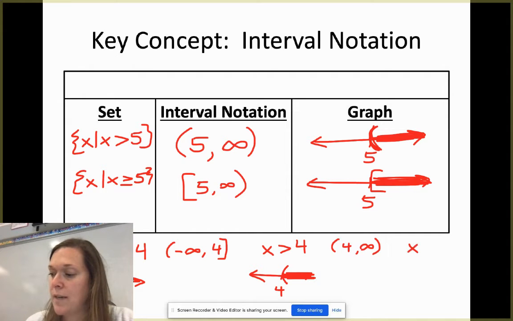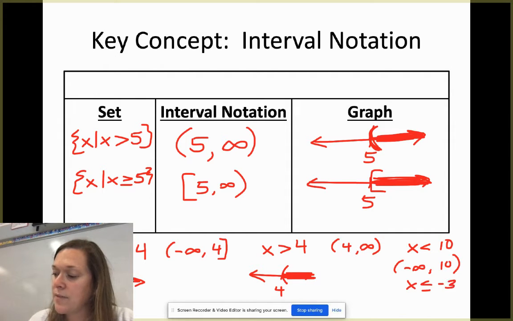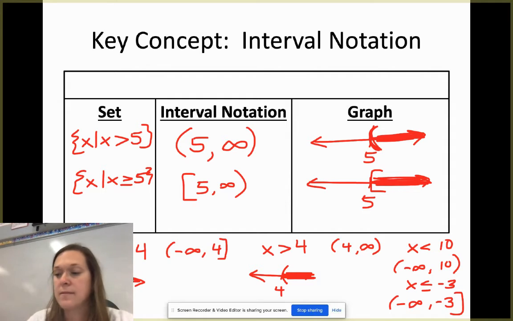If I had to do x is less than 10, in interval notation, negative infinity to comma 10 parenthesis. If it was x is less than or equal to negative 3, then it would be negative infinity to negative 3 bracket. You see this?